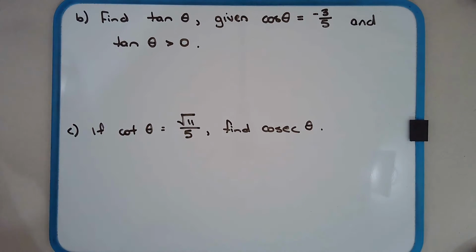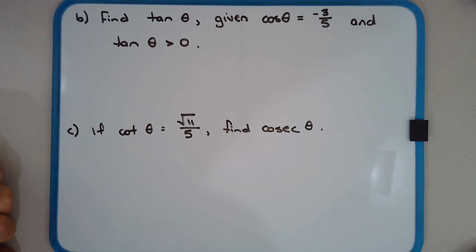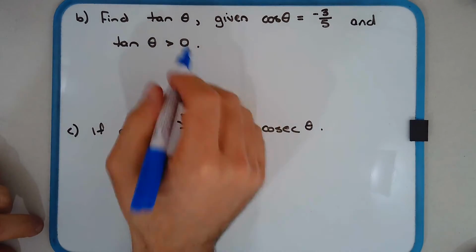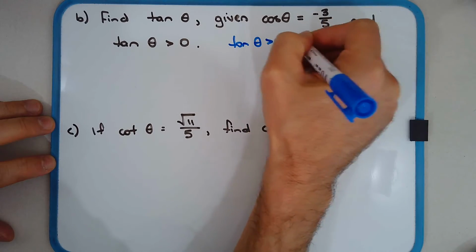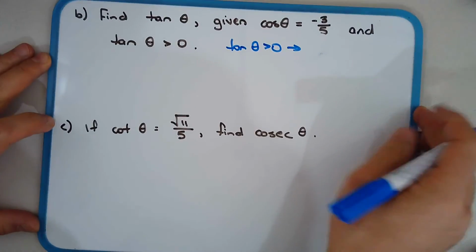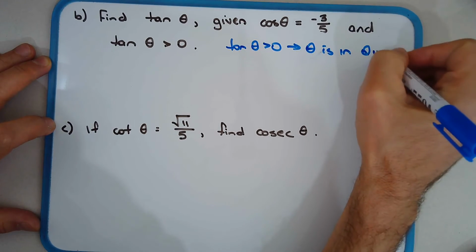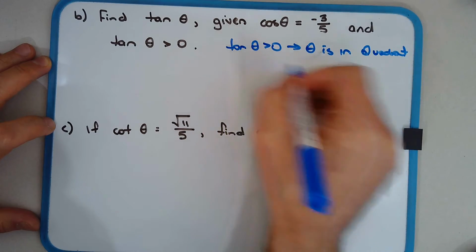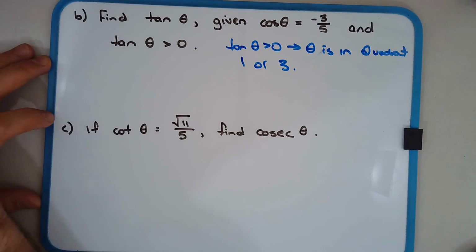Find tan of theta given cos of theta is equal to negative 3 on 5 and tan of theta is positive. First of all, tan of theta being positive means that theta is in quadrant 1 or 3, All Stations To Central, so that's 1 and 3.